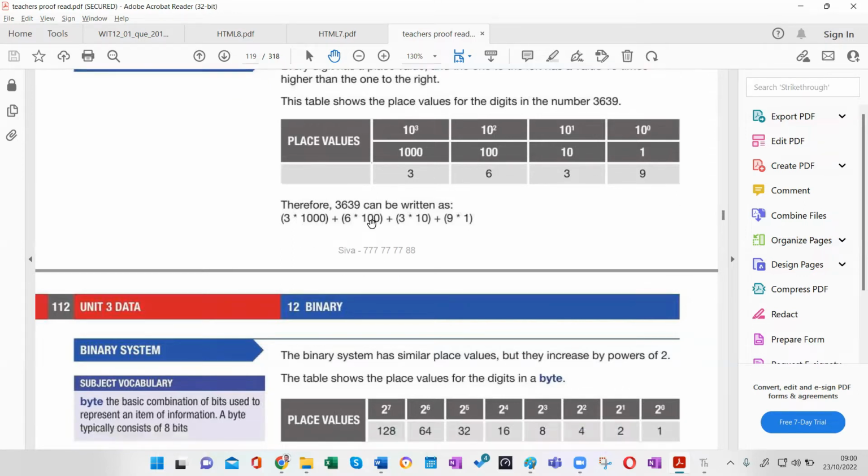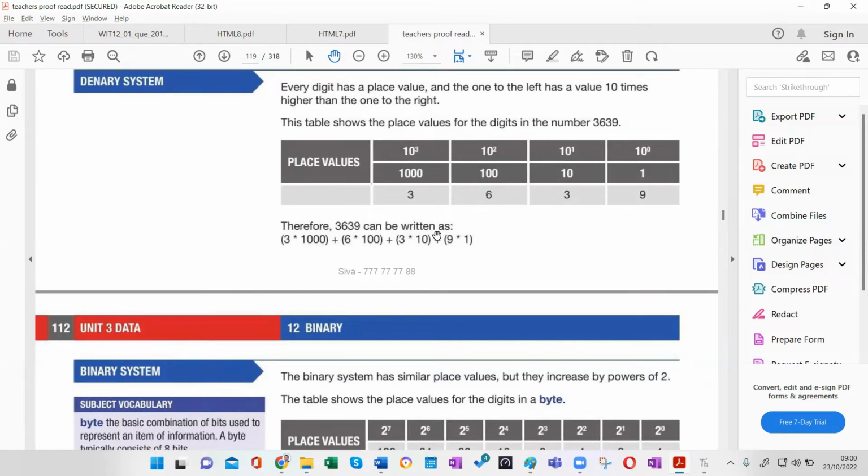Then how do you construct this number? You take the place value and multiply the digit by the place value. So 9 into 1, 3 into 10. There are 9 ones, 3 tens, 6 hundreds, and 3 thousands. So 9 into 1 plus 3 into 10 plus 6 into 100 plus 3 into 1000.